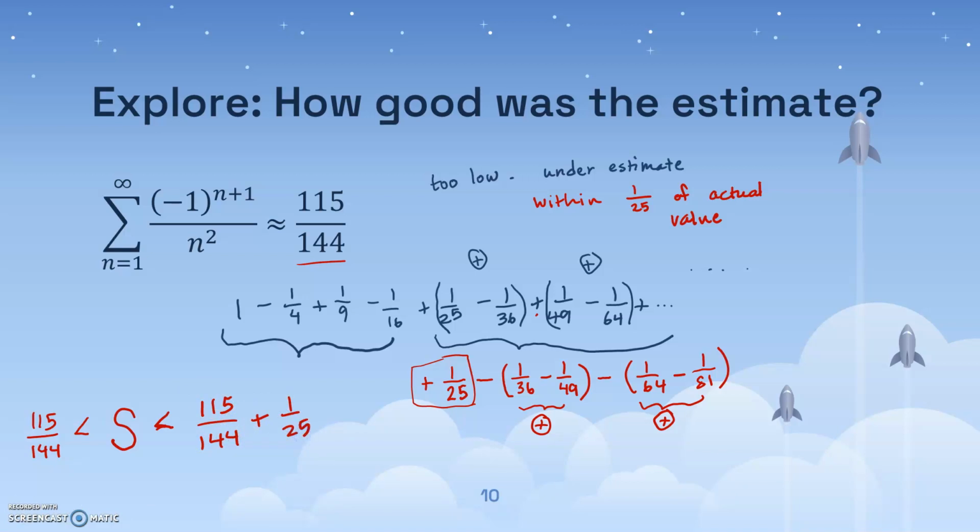So we have just figured out a really good estimate of what the value of the sum is, and we also know how good it is. If we need this to be more accurate, we would take more terms.